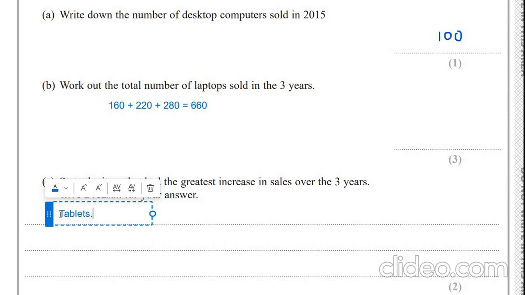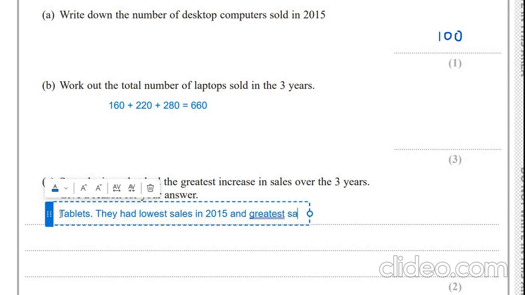The reason being they had lowest sales in 2015 and greatest sales in 2017. That should be good enough.